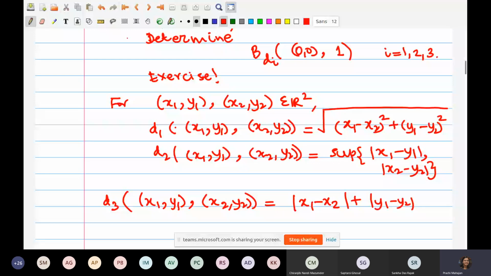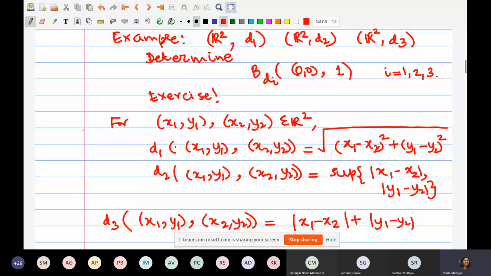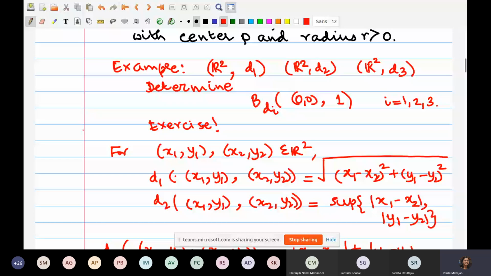This should be x1 minus x2 and y1 minus y2. Over here, it should be x1 minus x2. Do you all remember this now? So this was taken up last time. The exercise last time was to check that each of these functions indeed defines a metric on the space R2. This time the exercise is to determine the open balls around the origin of radius 1 in each of these metrics. Is that okay?